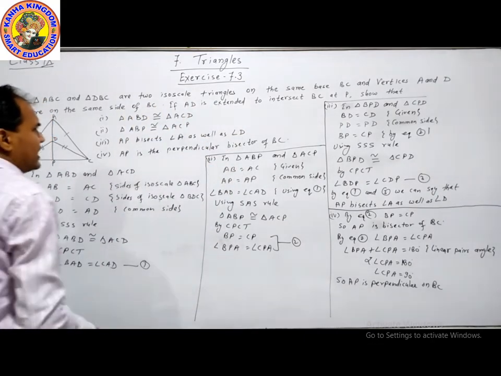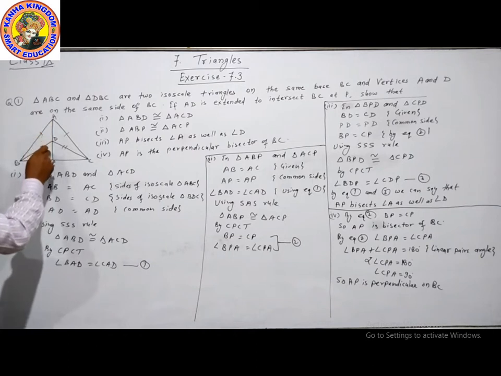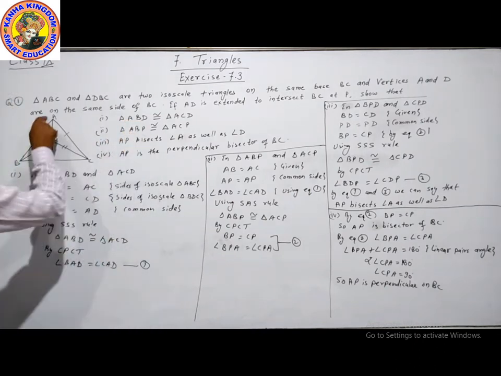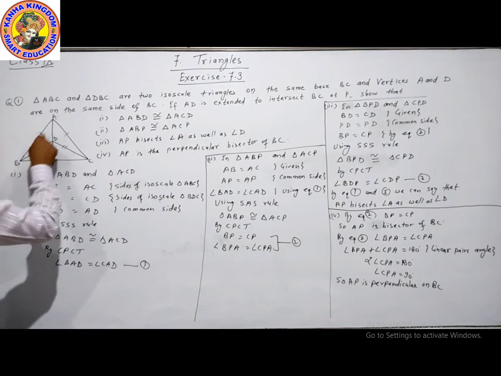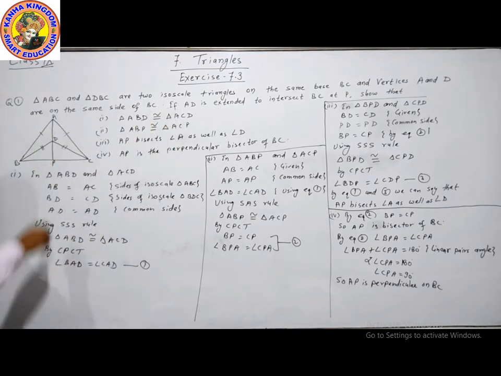If A and D are joined and extended to BC, they intersect at point P. So the first question is triangle ABD and triangle ACD. These triangles are congruent.